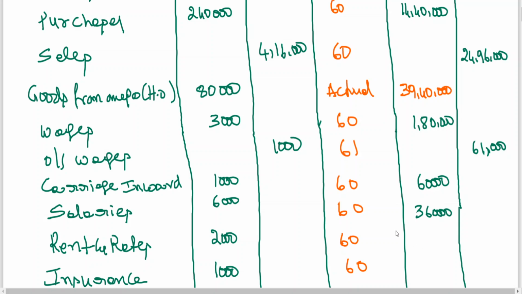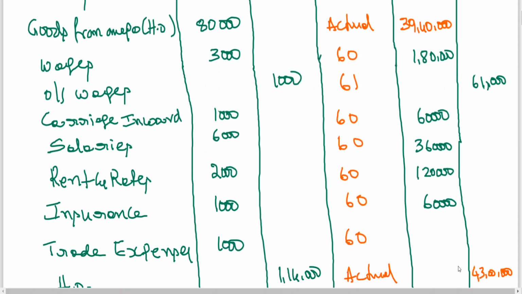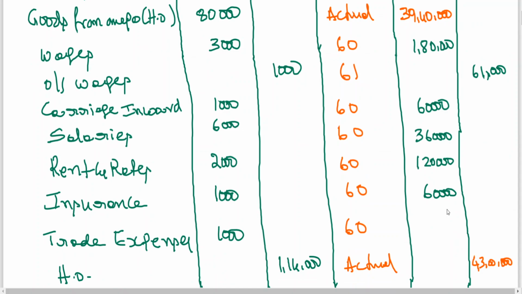Then 2,000 into 60, 1,20,000. Trade expenses 60,000.